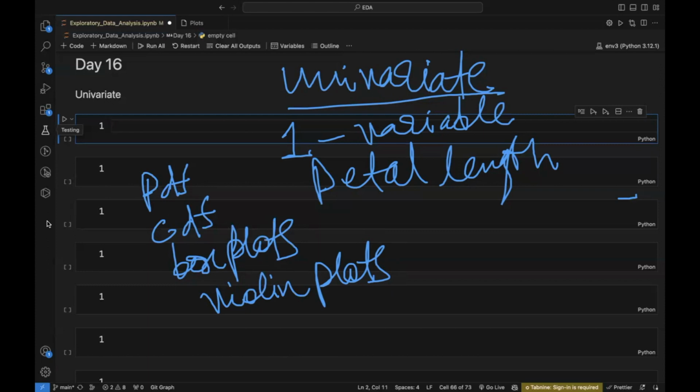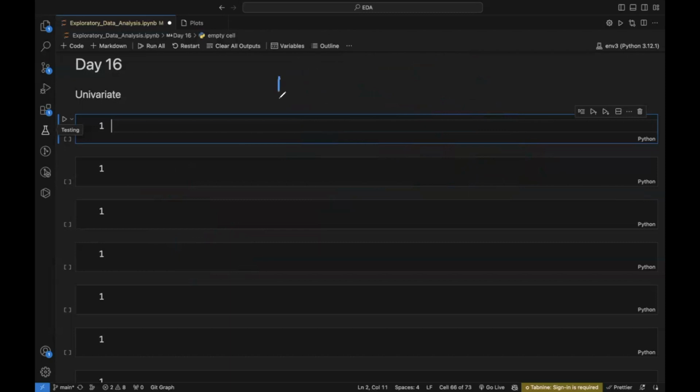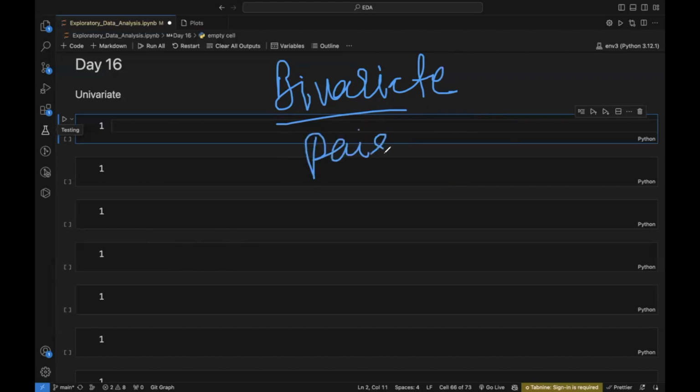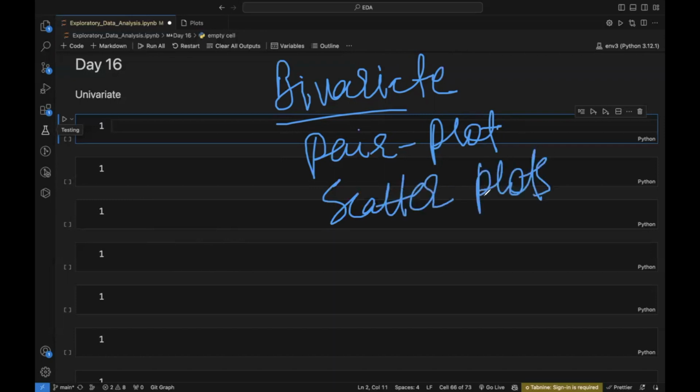Now the next concept is called bivariate analysis. So let me write here bivariate. So your pair plots are actually bivariate. Why are the pair plots bivariate analysis? Even your scatter plots are bivariate analysis, because I'm taking two variables at a time.